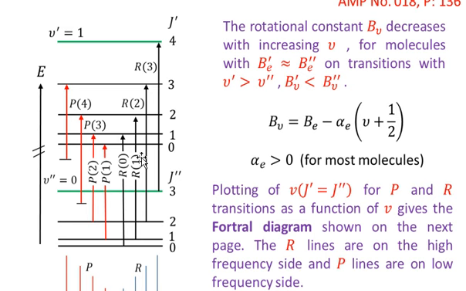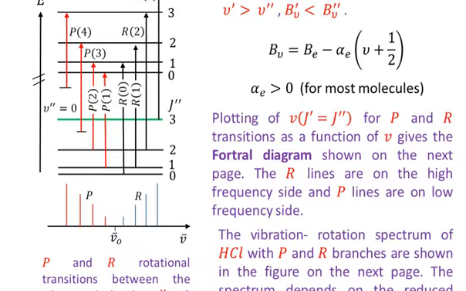So I have two transitions over here. For an R transition, delta J is equal to +1, and for the P transition, delta J is equal to -1. So you see that when delta J is equal to 0, there will also be a transition, which is not possible for this molecule. So here you can see that nu naught bar is equal to 0 over here. There is no transition at nu naught.